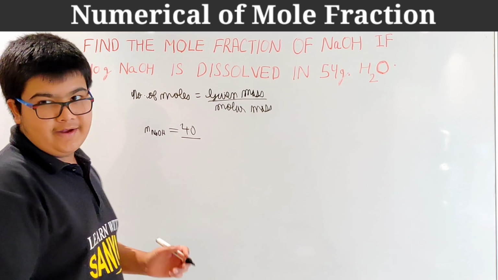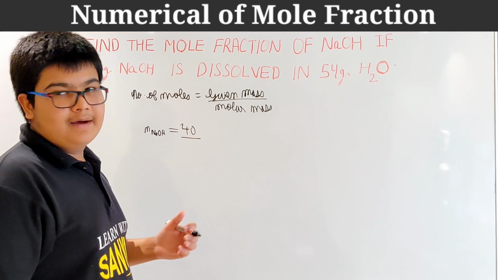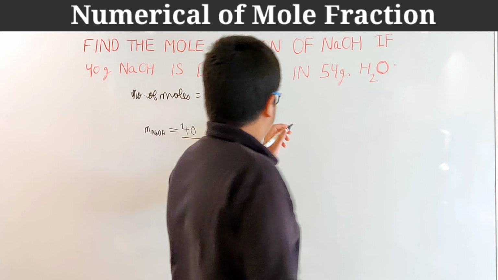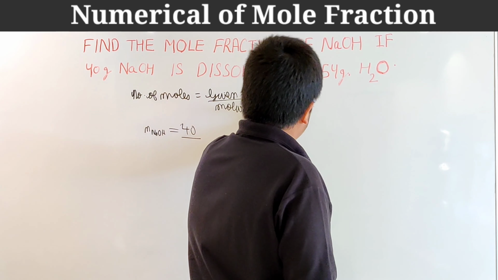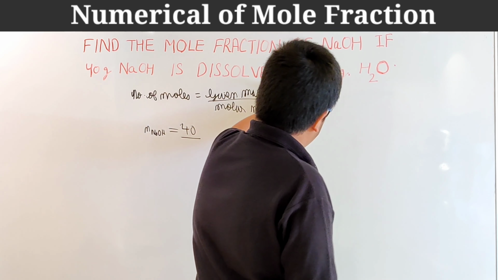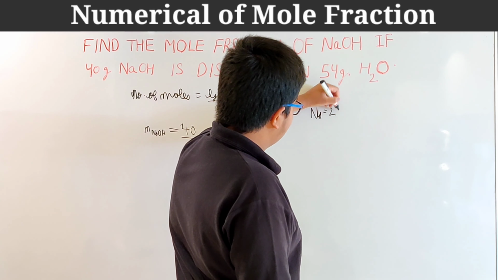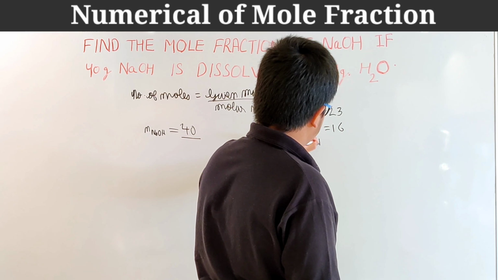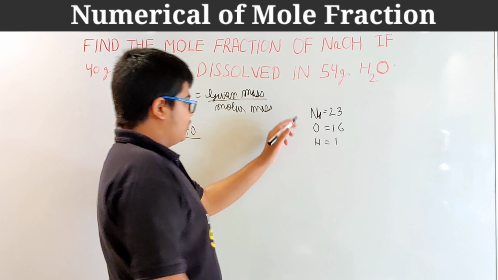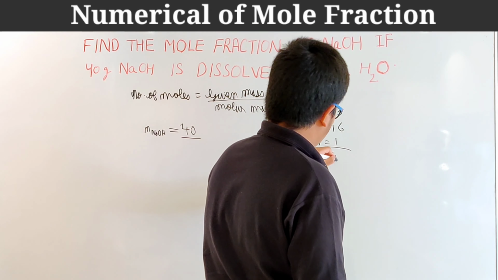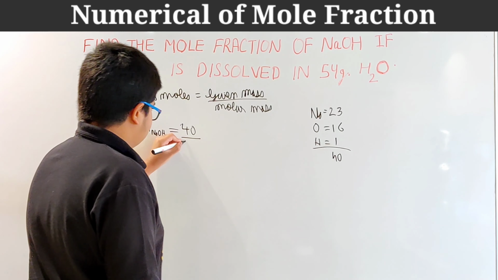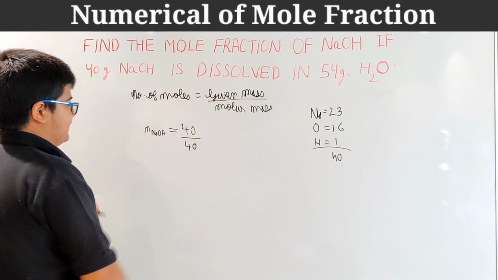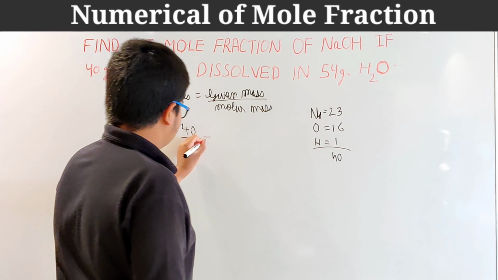So first we will have to find the molar mass or atomic mass of NaOH. For that, we know that mass of Na is 23, O is 16 and H is 1. So the total mass of NaOH becomes 40. So in molar mass we will replace by 40. So number of moles of NaOH are 1.